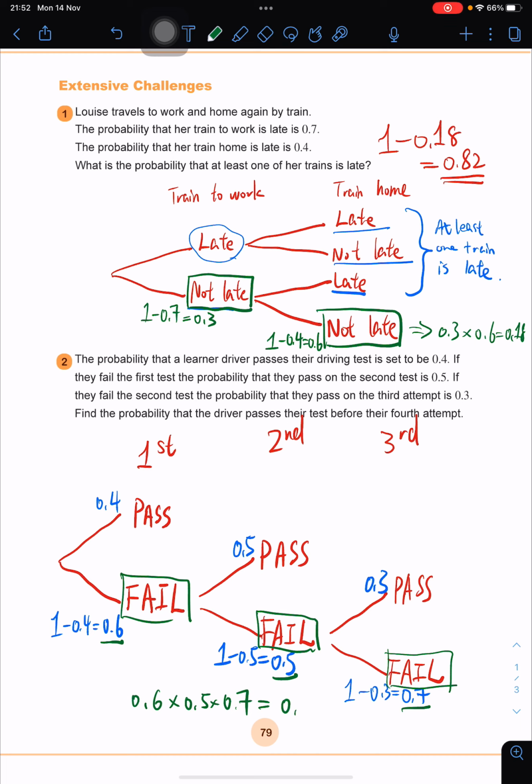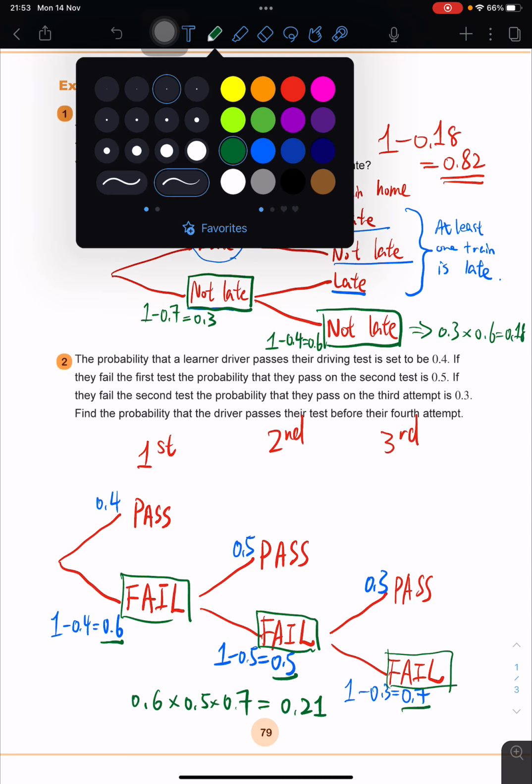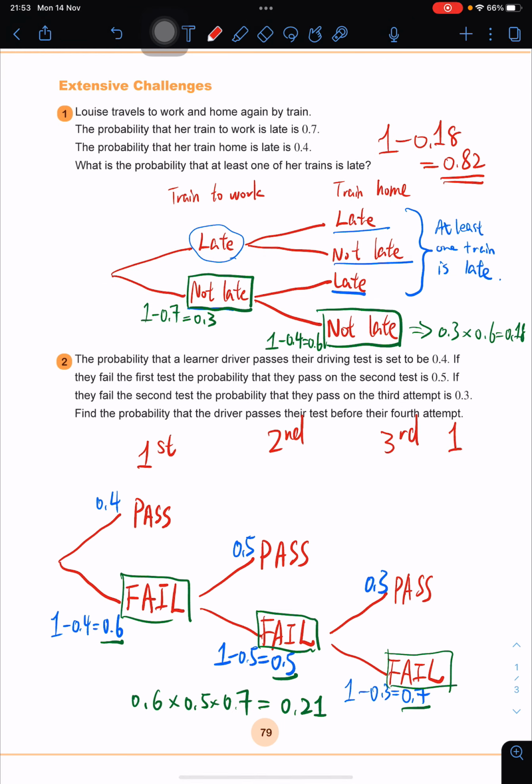That's 0.21, because 0.6 multiplying 0.5 is 0.3, and 0.3 multiplying 0.7 is 0.21. So the probability that the driver is going to pass is taking the failing probability away from the total probability, and that is 0.79. All right, so that is the answer to this question.